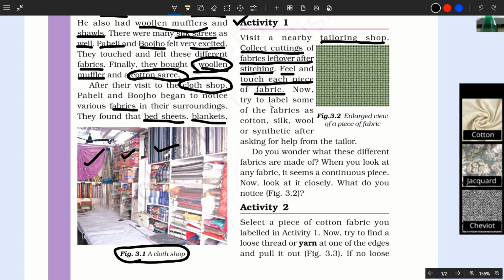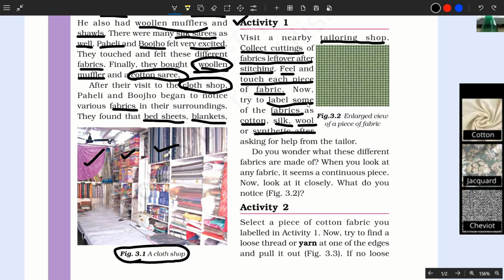So now try to label some of the fabrics as cotton, silk, wool, or synthetic. After taking those cloth pieces, take one chart or a paper or any notebook which you want to use for the activity. Stick all the pieces, arranging them in a vertical or horizontal manner.